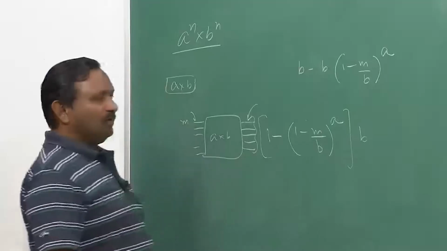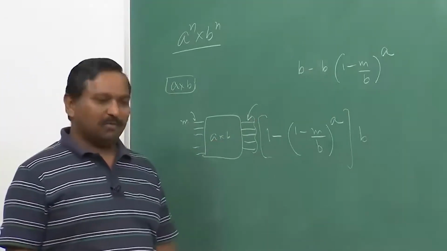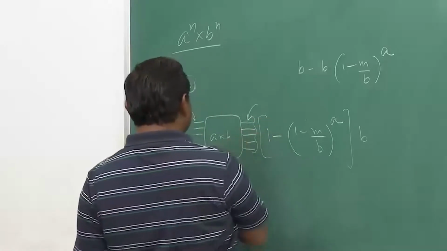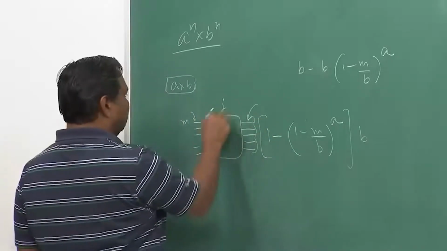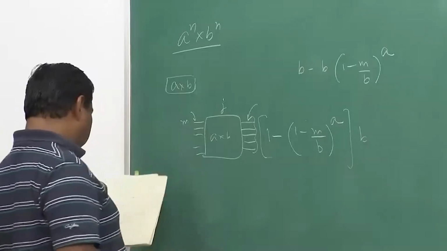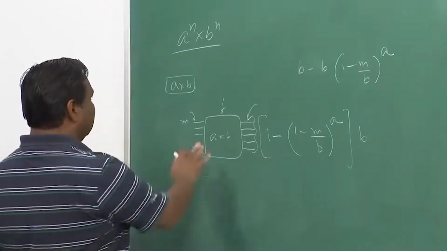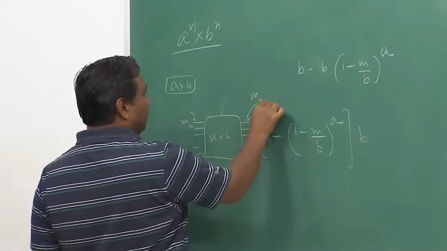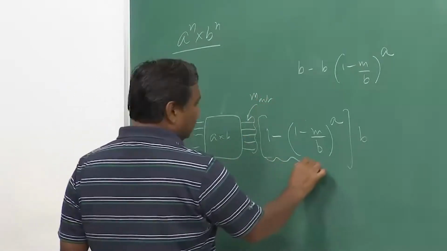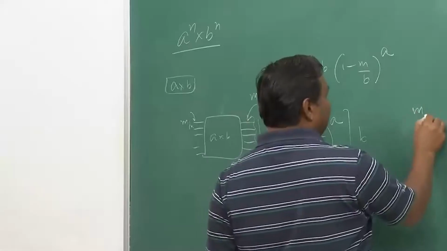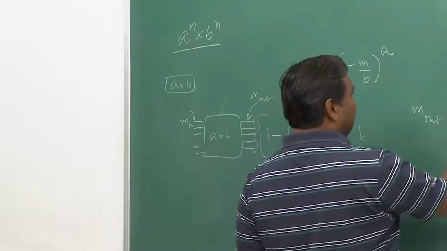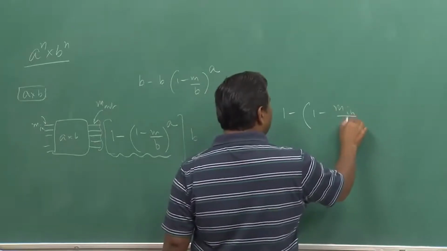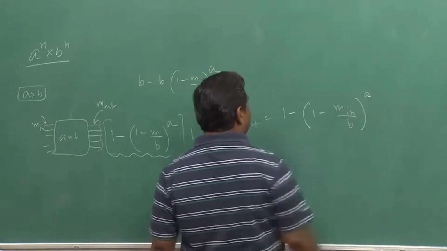If this is the jth switch, and I call the input m in, then m out will be given by this expression. So, I can write m out is 1 minus (1 minus m in by b) raised power a.